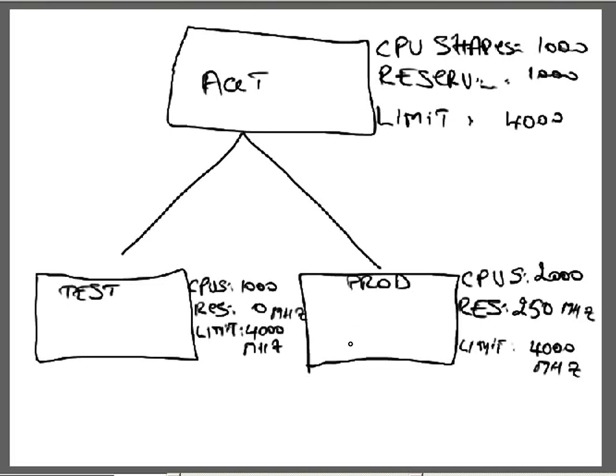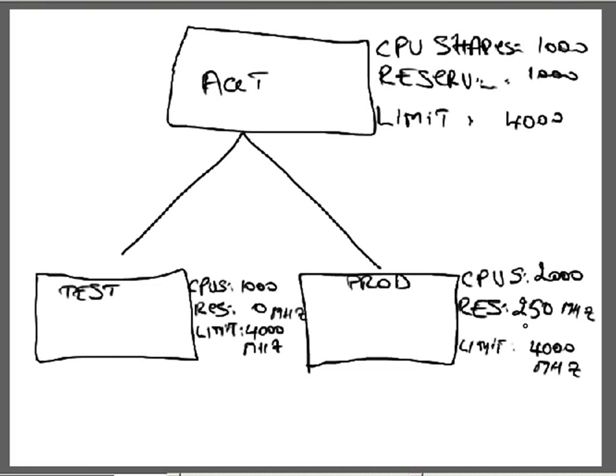Now we're limiting it here. Again, we're giving it a cap of 4,000 megahertz, but we're controlling how it's being accessed in the earlier configurations. On the other hand, here in the production resource pool, for reservation we have 250 megahertz, so we're keeping a minimum required for these virtual machines to run properly.